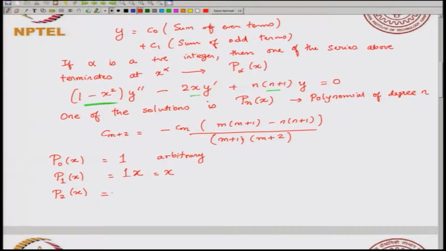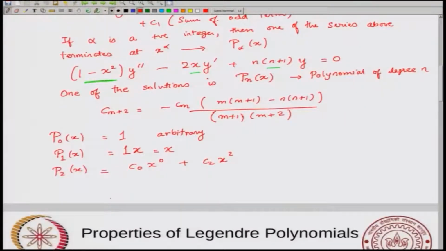I will just write the final expression for P2, and you can work this out, it is not very hard. So, you have C0 x to the power 0 plus C2 x squared, and we already saw that C2 is related to C0 through this relation.